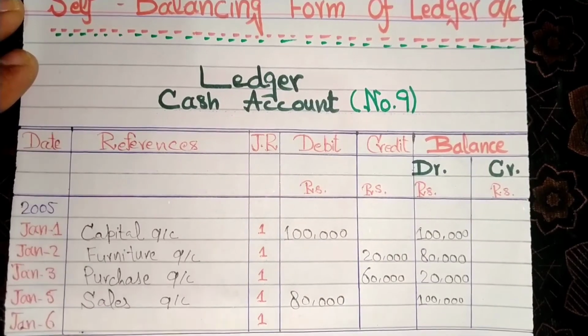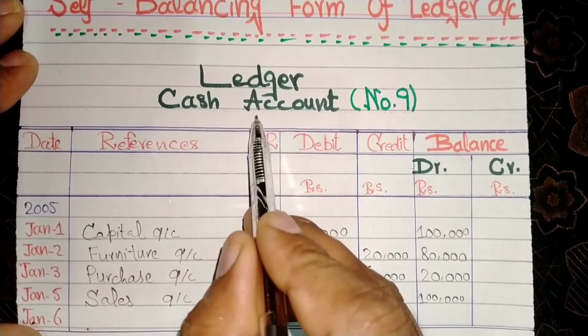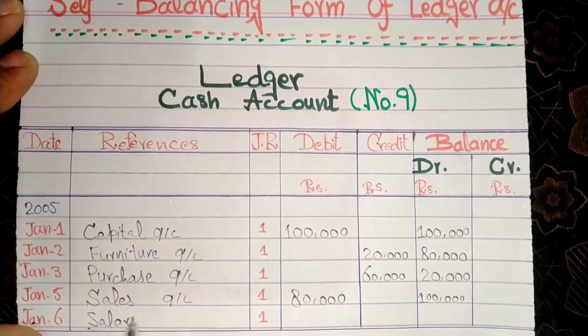The next and last transaction of illustration number 1 was salaries paid by the business. So the salaries account debit to cash account credit in the general account. Okay, so now we will enter in the ledger account in this way: cash account credited by salaries account, salaries account, cash credit with amount 10,000 rupees.